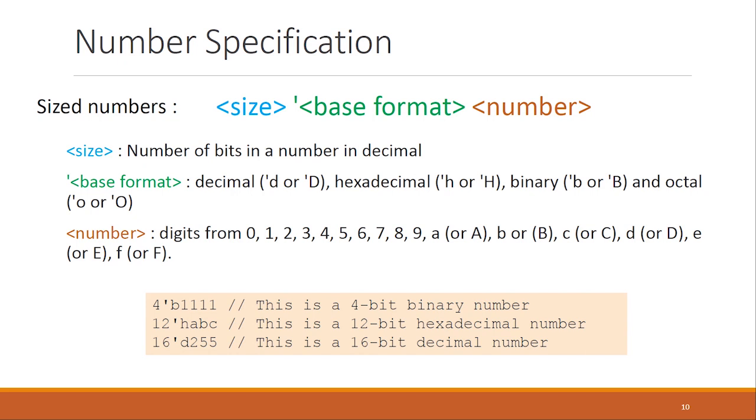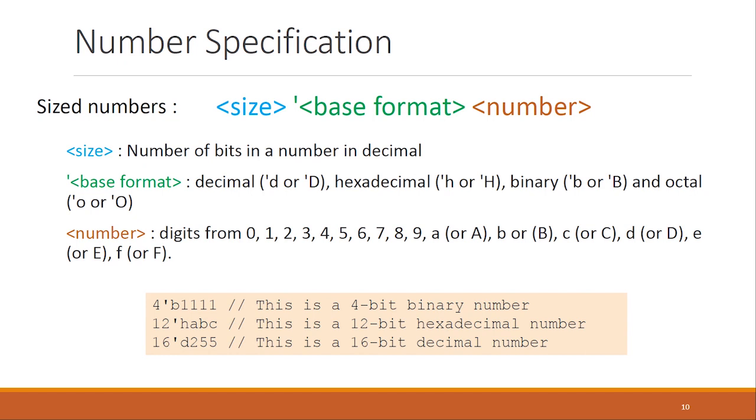This can be written with digits from 0 to 9, and you can even use the letters A, B, C, D, E, F if you are representing the number in hexadecimal format. Now all these things will be more clear when we look at a real example.